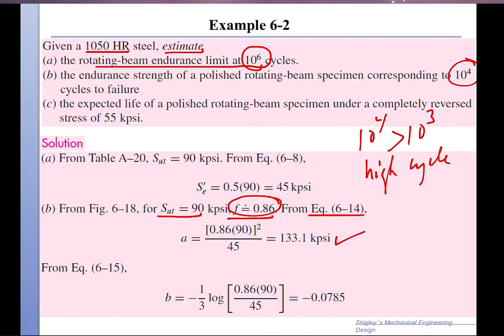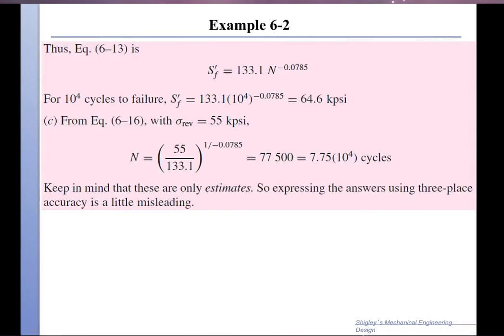A has the units of ksi, and b is dimensionless because it's a power. Therefore I now have a relationship that I can represent, and it is given as you can see here: 133.1 times N to the minus 0.0785. It's a minus because the slope is negative on the log-log plot.